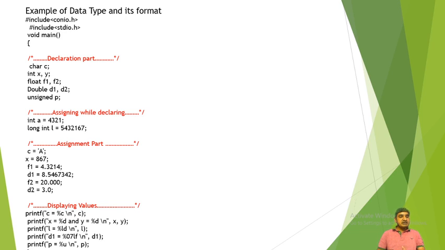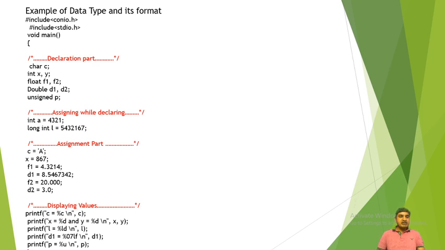So next is printf, l is equal to %ld. Why %ld? Because it is a long integer. Okay, \n for a new line. Both of these are in double inverted commas, and l is a variable, that is an integer.